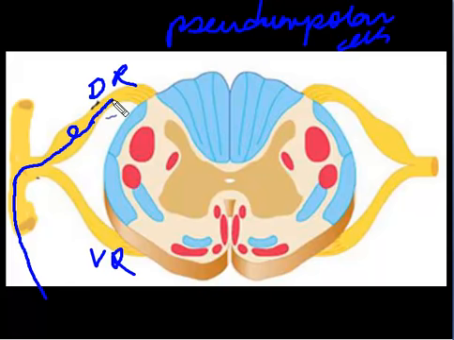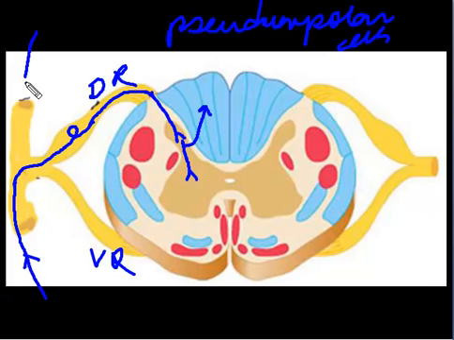The fiber or impulse will travel in, and then it will enter the gray matter here. And then, further it can go up into the higher centers or synapse with an interneuron and come down. So this is traveling this way, coming along the ventral ramus. The same thing can happen from the back of the body. The ventral ramus supplies the front and the lateral sides of the body.